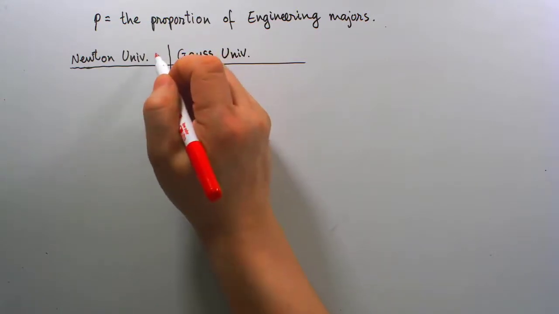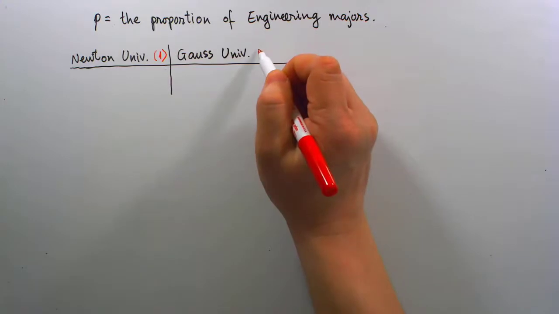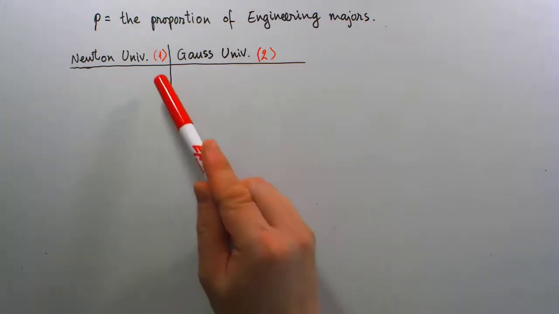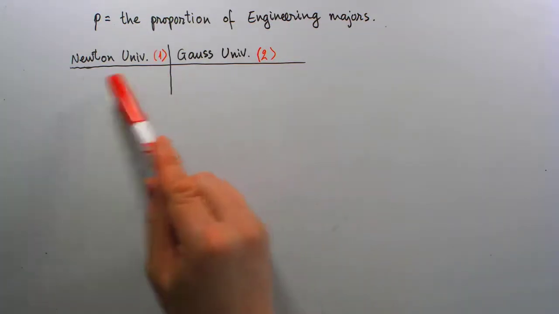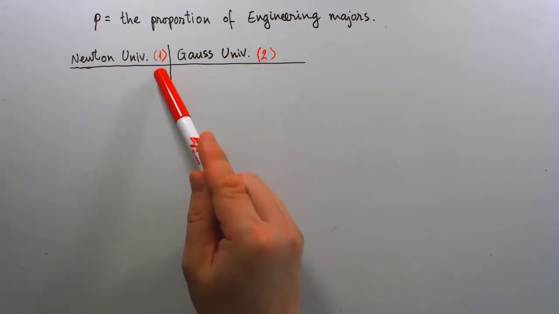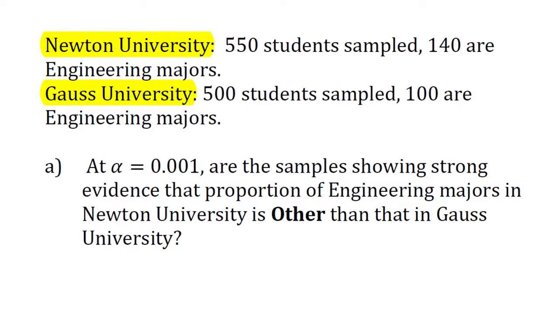But I simply decide here that I call Newton University population number 1, and Gauss University on the other hand is population number 2. I don't personally know any of these two universities. So the reason I gave these labels is not because I favor Newton University better than Gauss University, but simply because Newton University is described before Gauss University according to the data I'm given here.